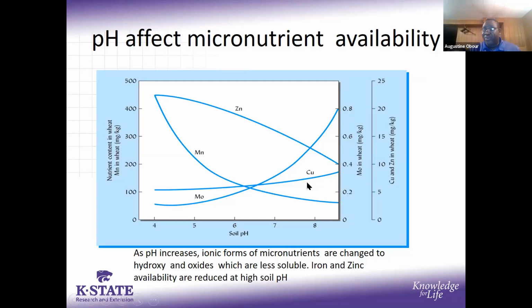As I mentioned previously, as the pH changes from acidic to alkaline conditions, the ionic forms of the micronutrients, in this case iron or zinc, also change to the hydroxyl forms or the oxide forms, which are less soluble. And this results in decreasing the solubility of the micronutrient in question, and that affects availability for plant uptake.